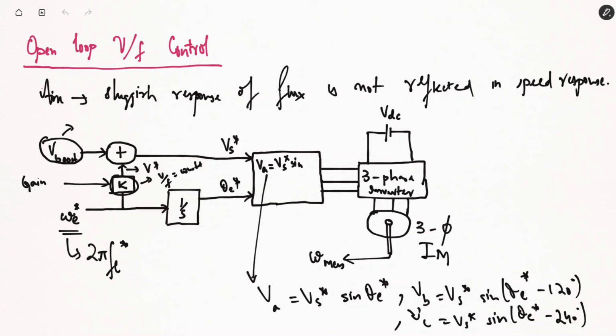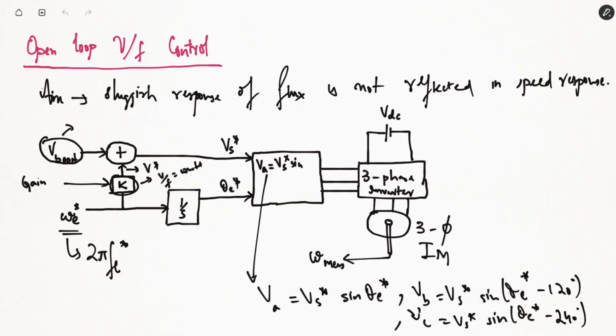One thing you need to note here is that the boost voltage in open loop voltage control will be required at lower values of voltage, because at lower values of voltage the stator resistance will be absorbing a major amount of the voltage, and very little voltage will be available for generation of flux.